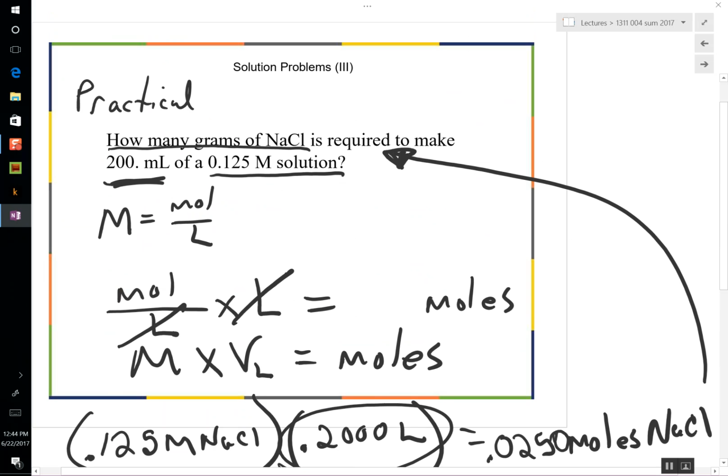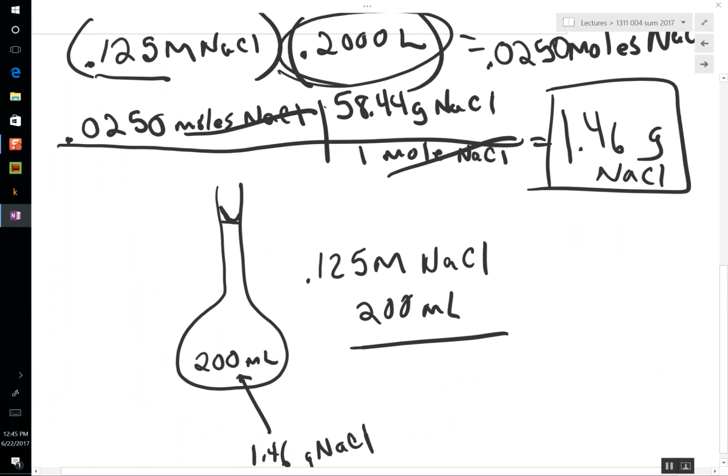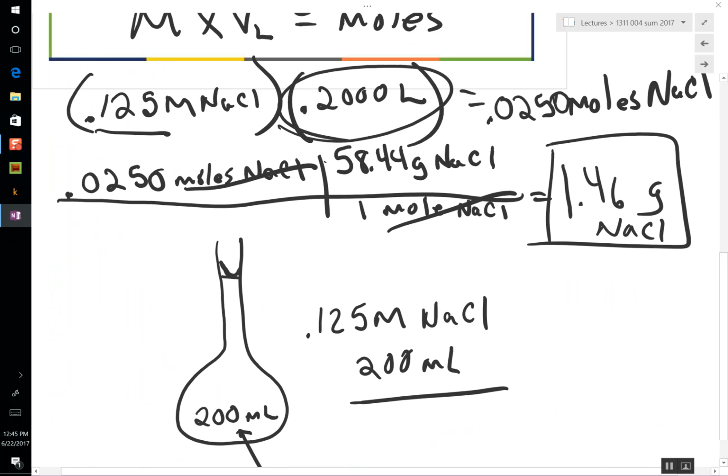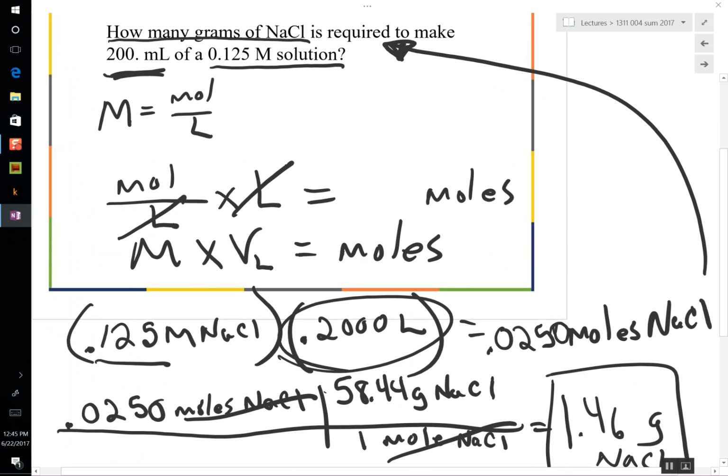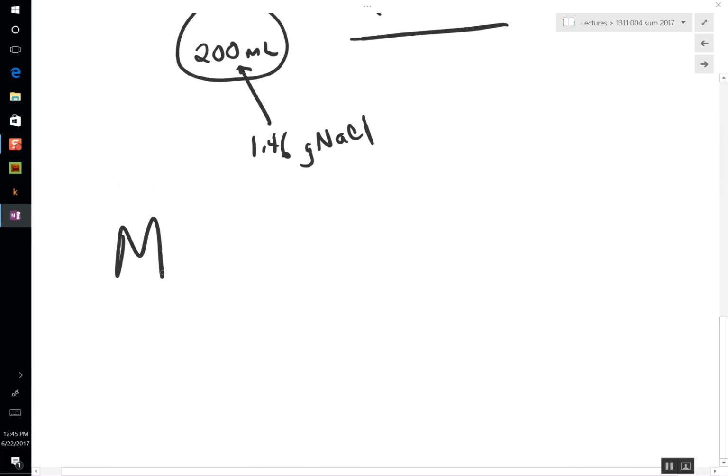You usually know how much you want and what concentration you want. So then you have to calculate the mass that's needed to make it. Follow me?